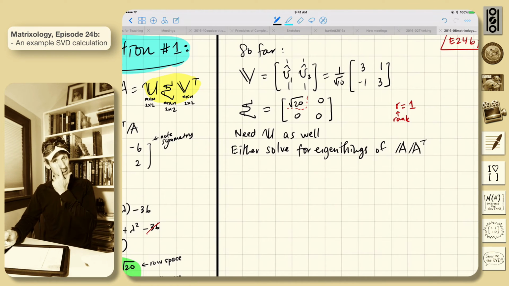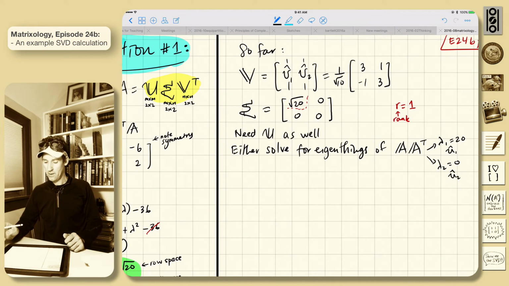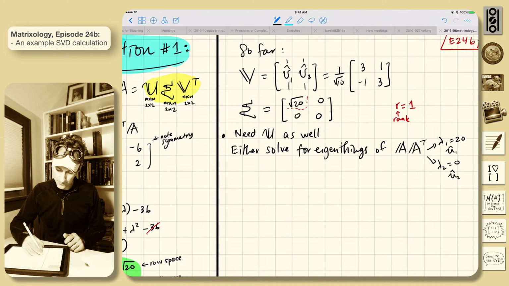So we're guaranteed to get eigenvalues square 20 and 0. So we should get lambda 1 equals 20 along with some u1, and lambda 2 equals 0 along with some u2. So this is one way to do it.